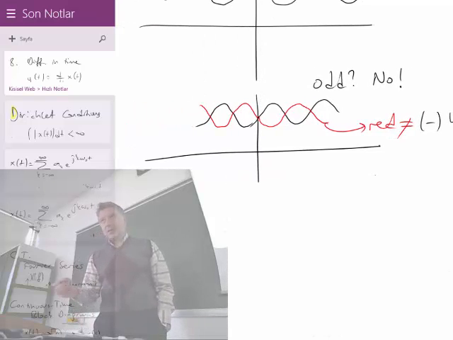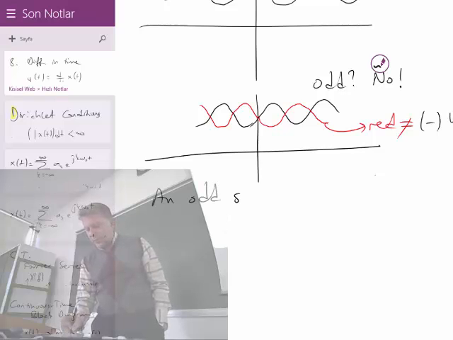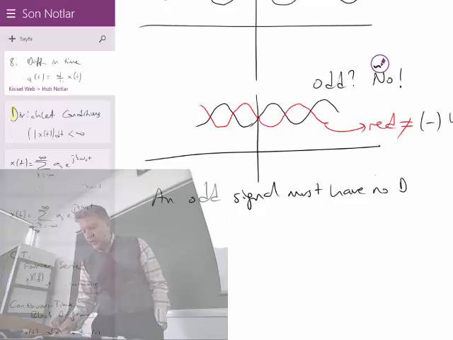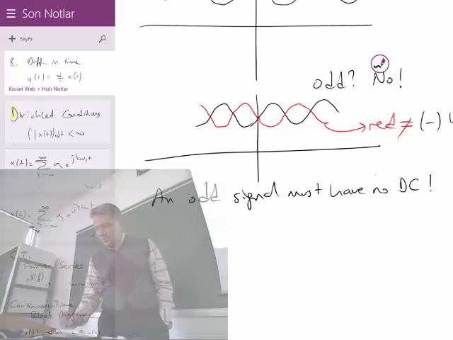So this is a good and critical information. An odd signal must have no DC, which says that there is no A0. The DC is 0.